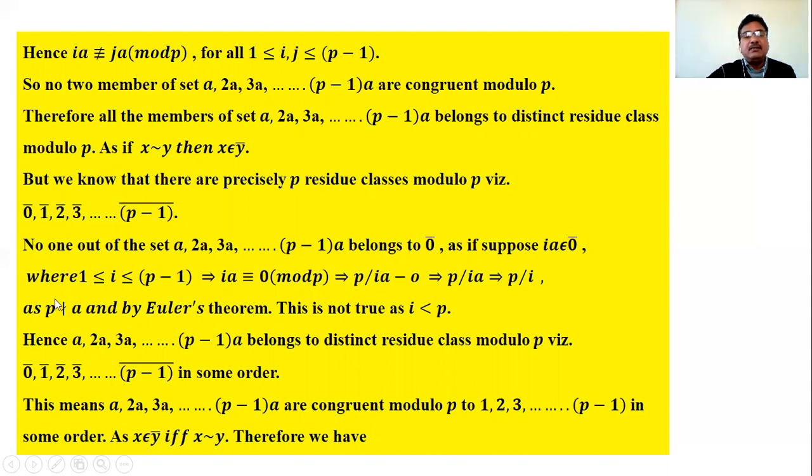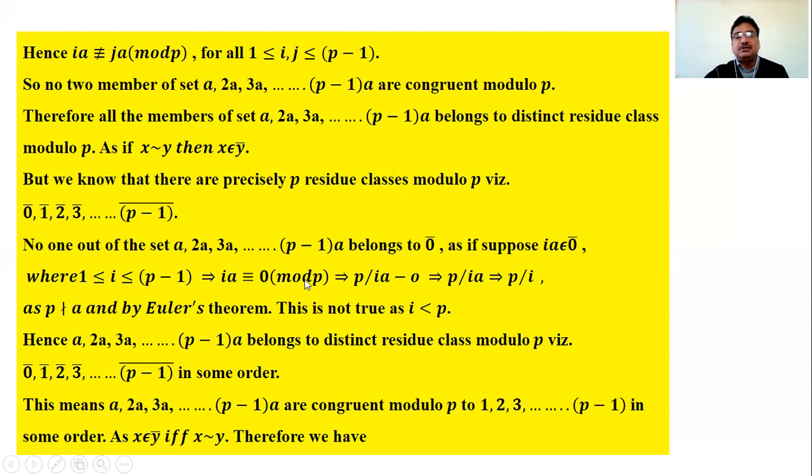Then what happened? If we assume IA belongs to 0 bar, then IA is congruent to 0 modulo P, because the element belongs to 0 bar means IA is related to 0.